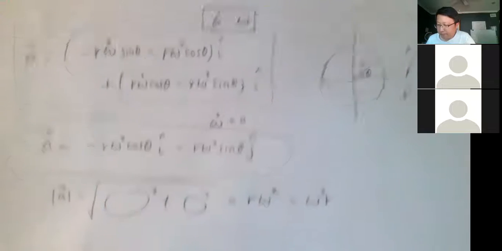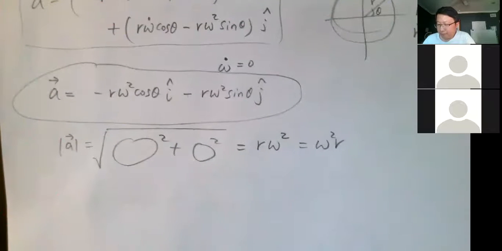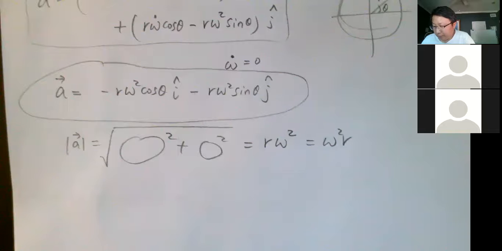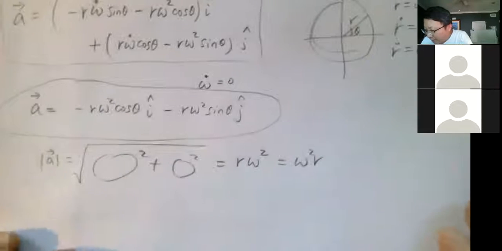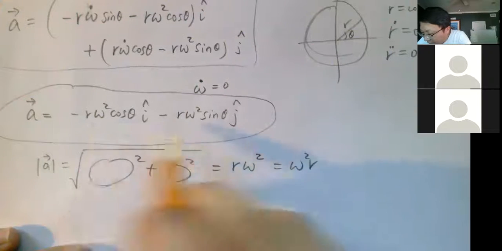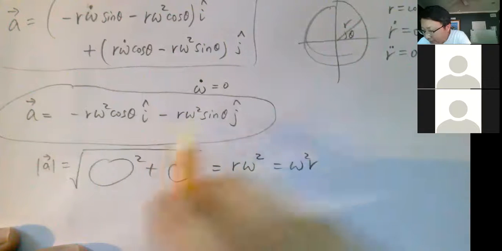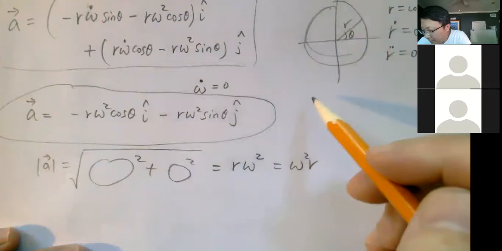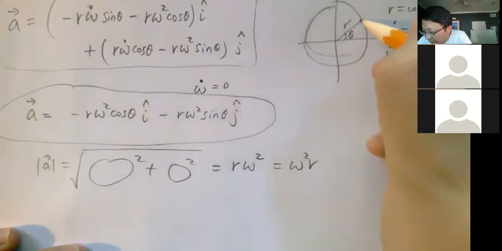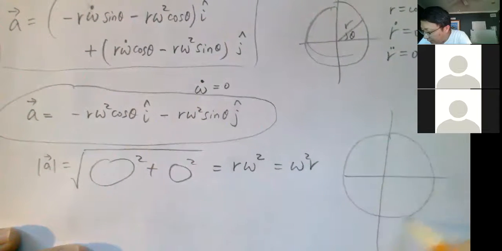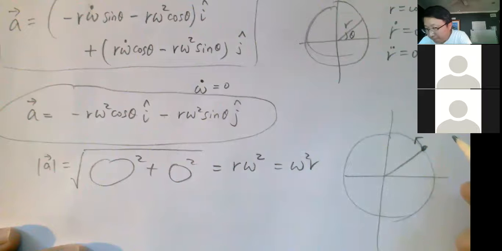Got it? So which really means, what direction is this guy? Any idea what direction this guy is? You look at here. The direction of this guy, for this kind of fixed motion: the velocity here is this way, right?